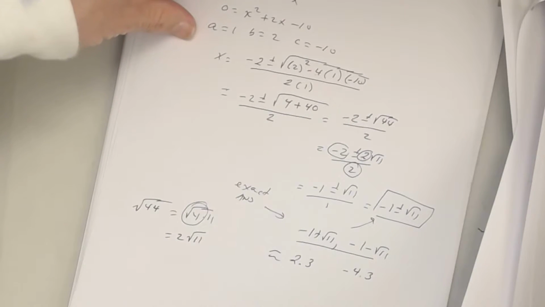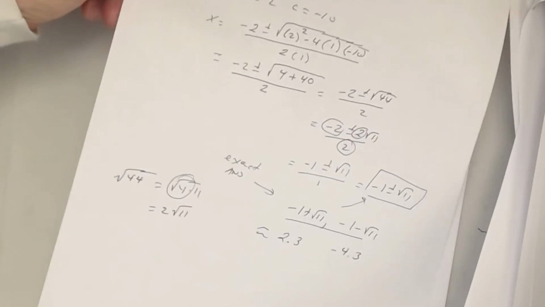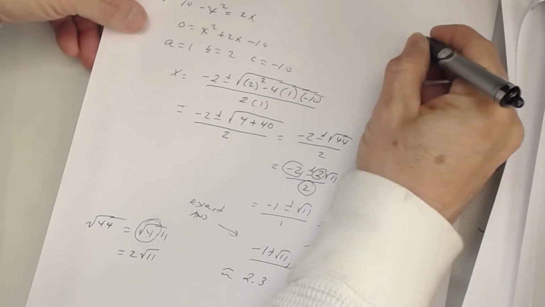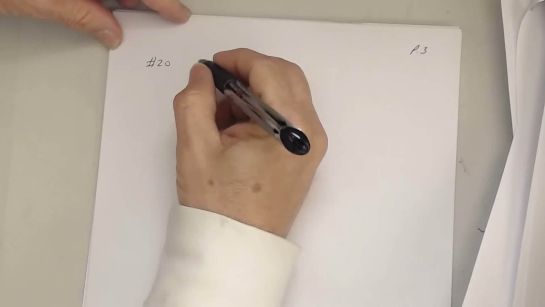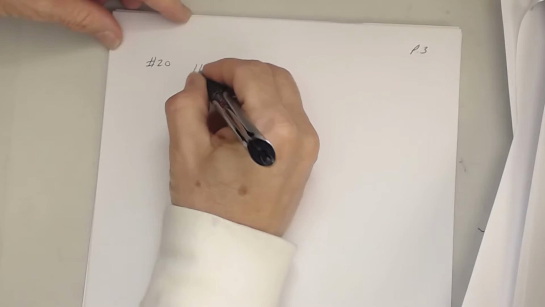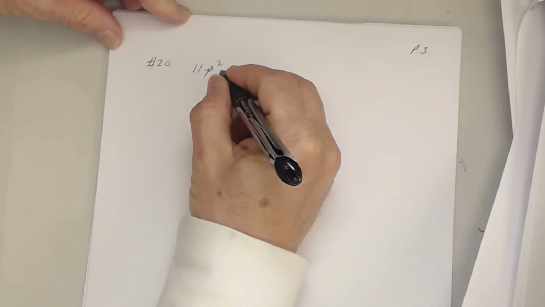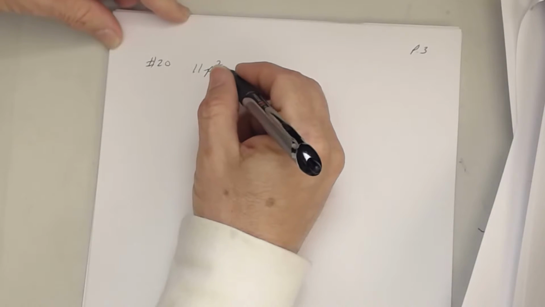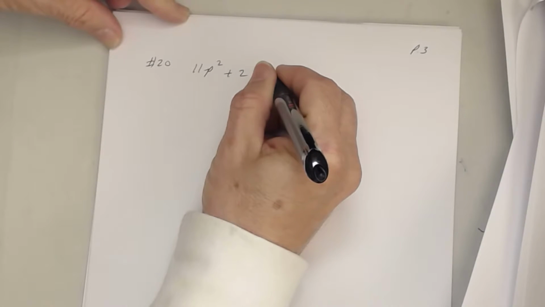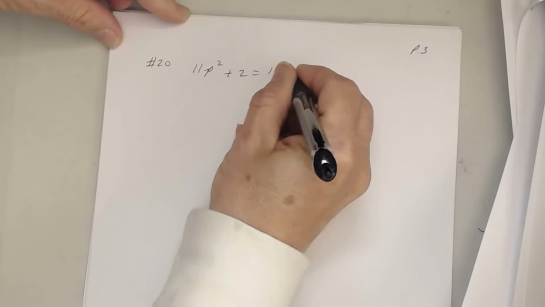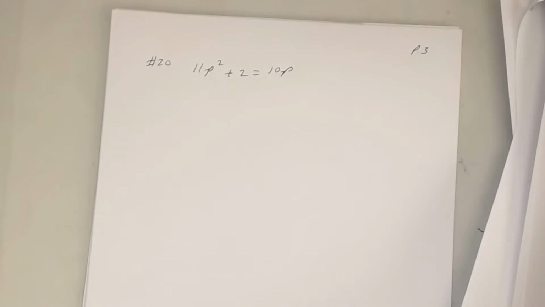Number 20. Number 20. You have 11p squared plus 2 equal 10p. 11p squared plus 2 equal 10p.